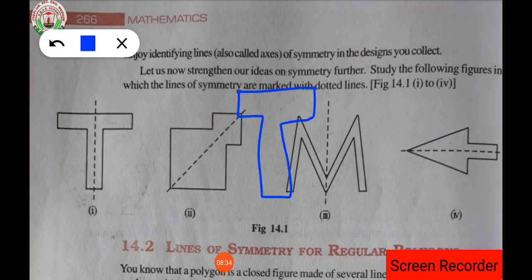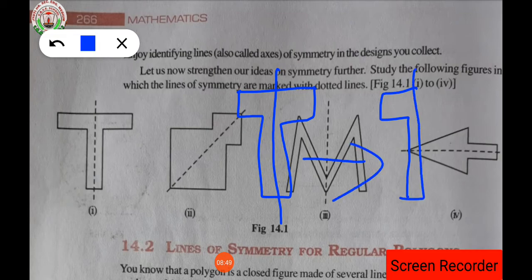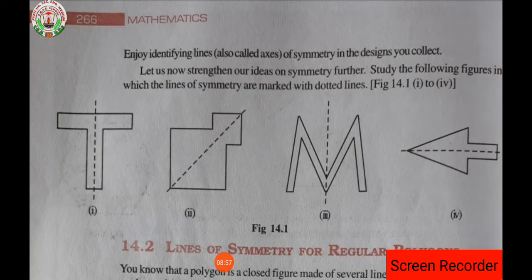Of course, when a line of symmetry passes through the center of the T from head to tail and we fold it, the T will look like this. Or if we fold on the other side, it will look like this. So this is known as symmetry.